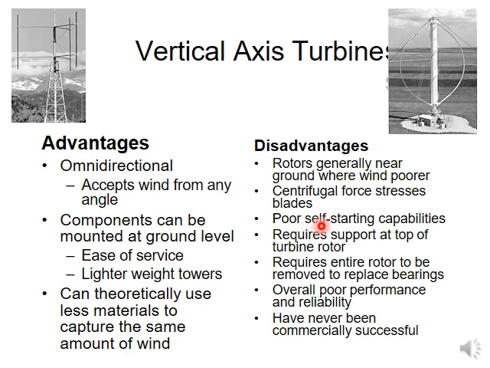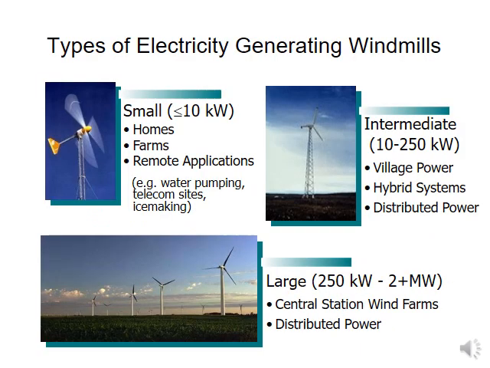Then poor self-starting capabilities, due to its vertical configuration it requires support at the top of the turbine rotor, then it requires the entire rotor to be removed to replace the bearing, then overall poor performance and reliability, and commercially it is not successful. So in most cases, for commercial purposes, a horizontal axis turbine is used.